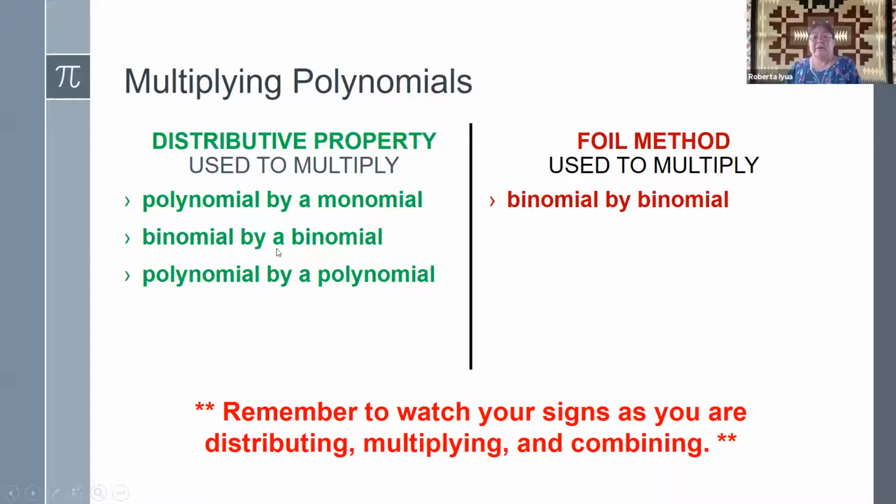Binomial by binomial can be done with the distributive property or the FOIL method. It is usually preferred with the FOIL method because it's easier to follow the steps of the FOIL. Polynomial by binomial is usually good with the distributive.